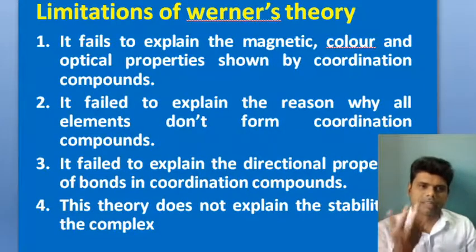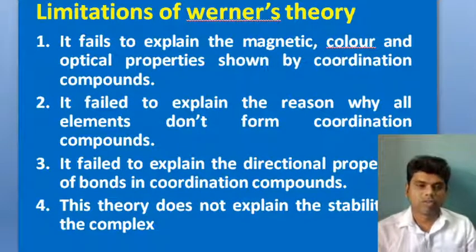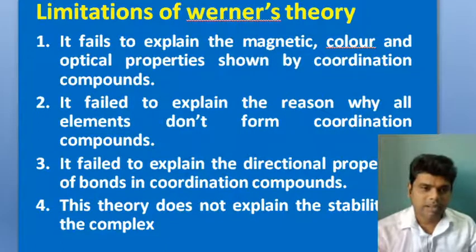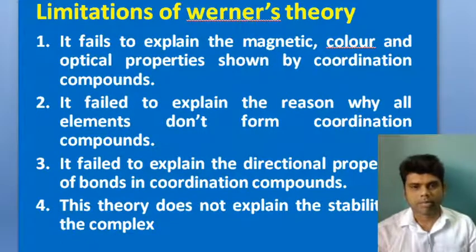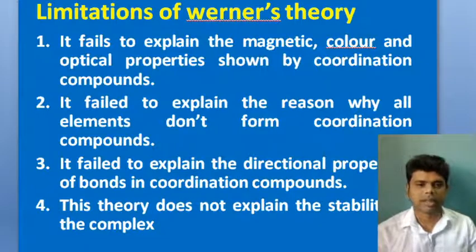Otherwise Werner was awarded the Nobel Prize at that time, which means it was a very good contribution, but still we can say some limitations were there. It could not explain the magnetic properties, color properties or optical properties, the interaction of light with coordination compounds. He hasn't explained what kind of color the coordination compounds exhibit on interaction with light, and the reason behind that.